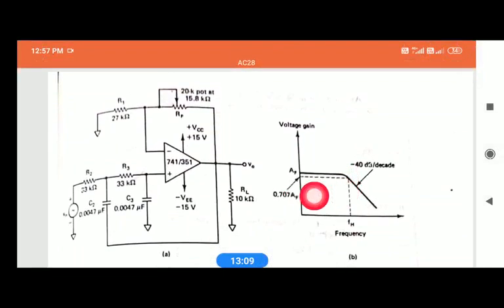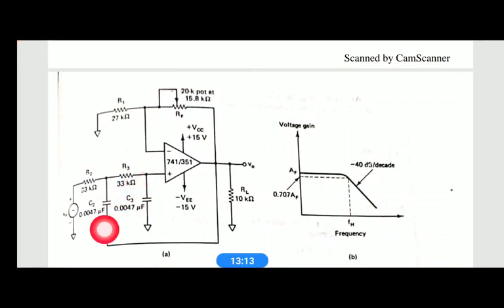R2 is 33 kilo, R3 is 33 kilo, C2 and C3 are both 0.0047 microfarad, R1 is 27 kilo, and for RF you select a 20 kilo pot, and vary this pot to adjust to 15.8 kilo.